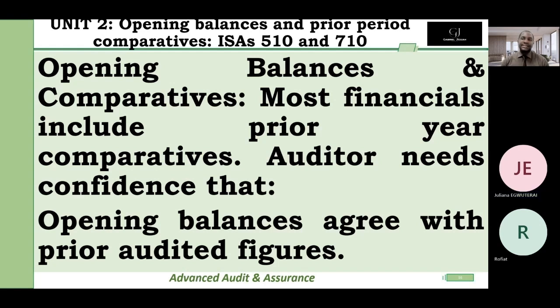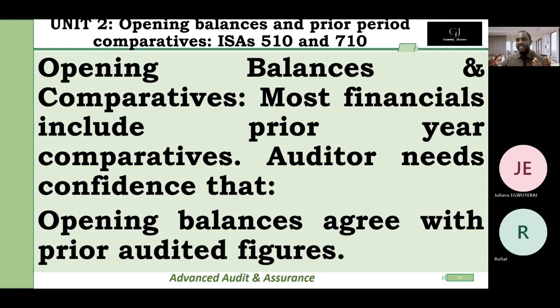Okay, so opening balances and comparatives. We're looking at most financials that have prior year comparatives. So you have 2020, you have 2021, so you are comparing them. And most of your financial statement audits are not just 1 year, they are 2 years. So you do 2020, 2021, then you compare 2022, 2023, and you compare 2023, 2024, and it goes like that.